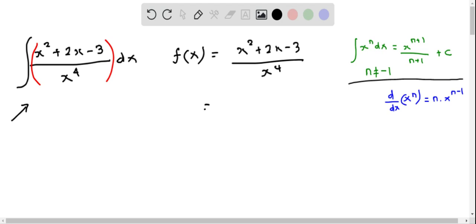So I can divide all the terms of the numerator by the denominator term, which means I can write it like this: x squared by x power 4 plus 2x divided by x power 4 minus 3 divided by x power 4. We just correct this. This is x power 4 and this is also x power 4.